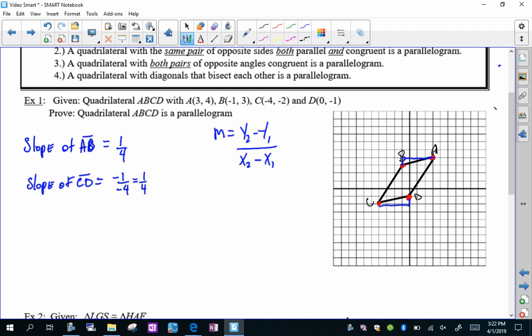All right, let's look at the slope of CB. I'm going to count. If I count that, my rise is going to be 5, and my run is going to be 3. And the last one is the slope of AD.